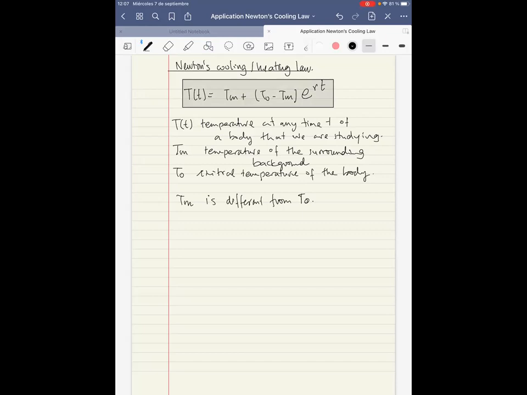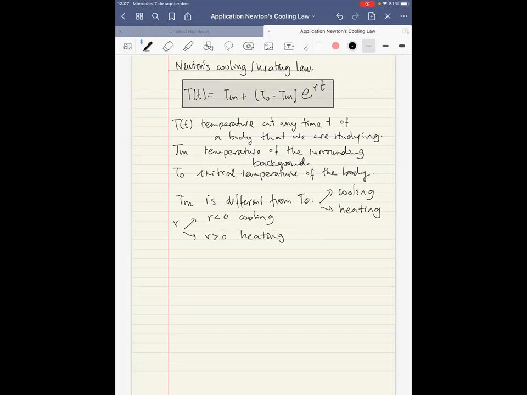This body is going to be either cooling or heating. And that depends basically on the constant of integration R. This parameter tells us that if R is less than 0, we will have cooling. And if R is greater than 0, we will have heating. So basically, the body is going to change its temperature, accommodating to the surrounding temperature of the atmosphere in which we are.